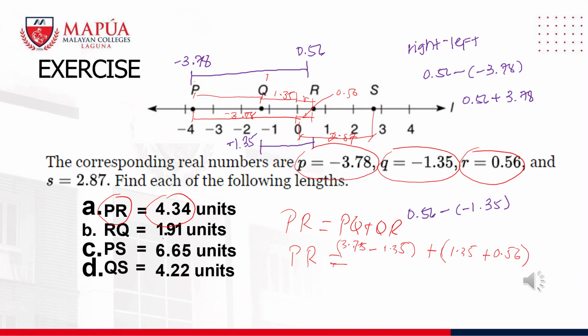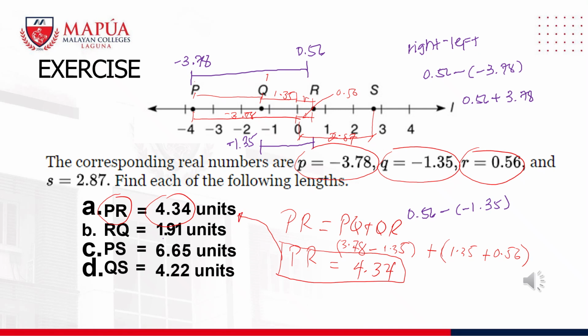Sorry, class, this is not 75, but 78. That's why this is 3.78. So again, let's do it. 3.78 minus 1.35, then plus the quantity 1.35 plus 0.56, so we got here 4.34. So PR is equal to this.